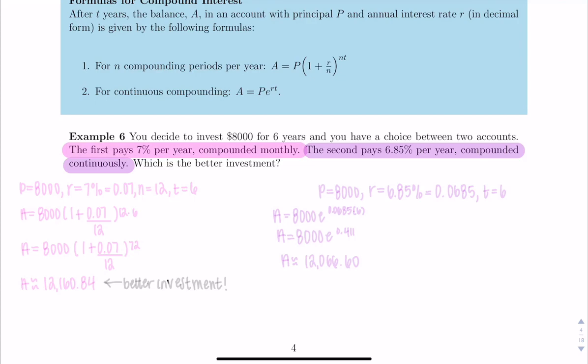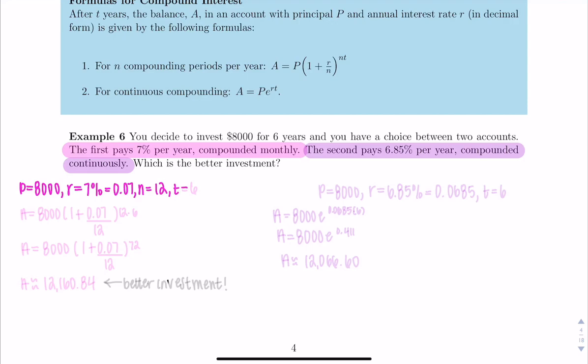So in the first one, our P is the amount we're investing, which is $8,000. Our rate is 7%, but we want to write this in decimal form, so 0.07. My N is how many times it's being compounded. So since it's monthly, that means it's being compounded 12 times a year.